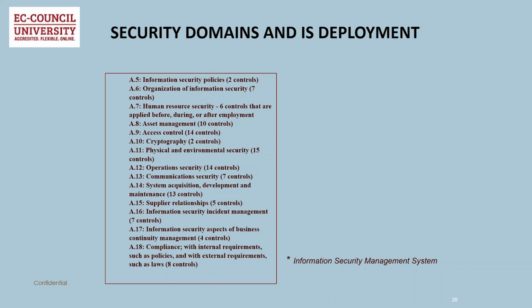Then in asset management, there are 10 controls. How you're managing the various assets, software and hardware assets, how you're handling those assets, how you're taking care of the asset valuation, how you're taking care of the CIA will be covered in this.